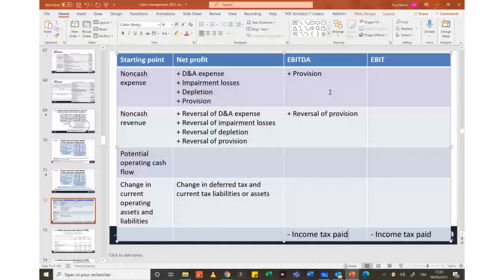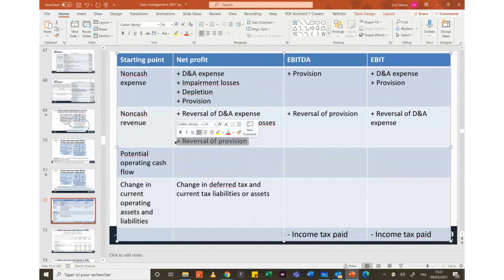With the EBIT, you need the D&A expense. So you need this one. You need this one. You need the provision. You need the reversal of provision. But we can suppose in the EBIT, you don't have already the impairment losses.